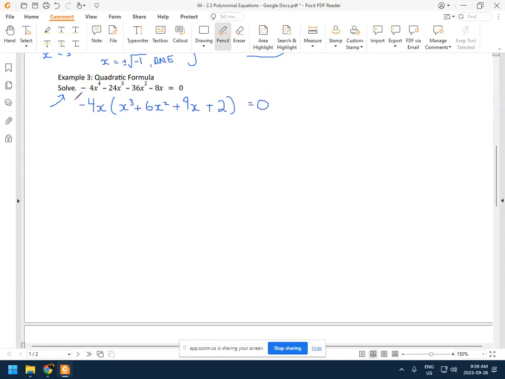Already, I have x equals 0. Okay, I have one x-intercept. Let's move on. This needs to be factored.